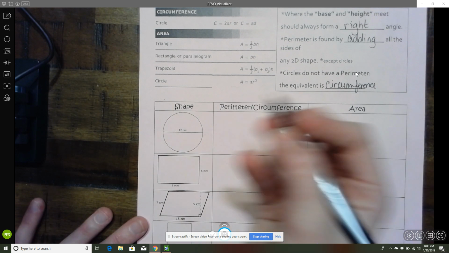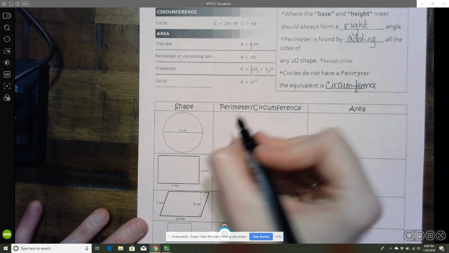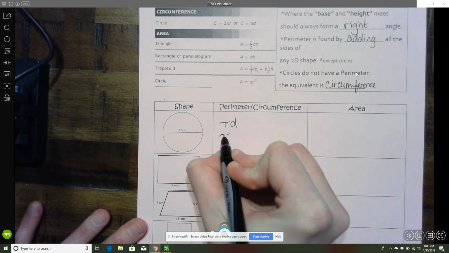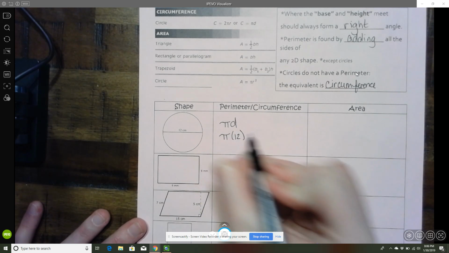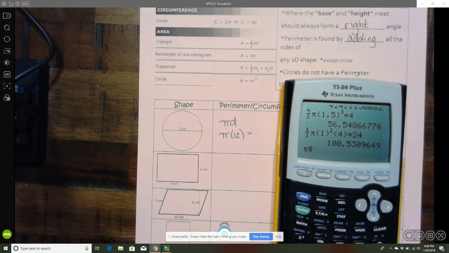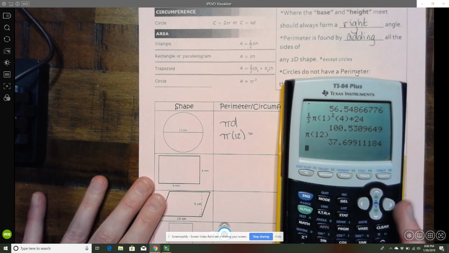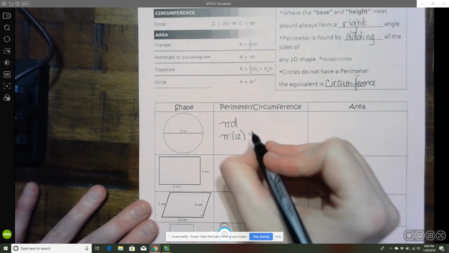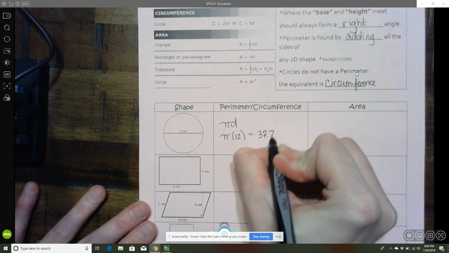So for a circle, it's giving me the diameter. So I would do pi times diameter to find the circumference. And I would get, let's say, 37.7. That would be the circumference.